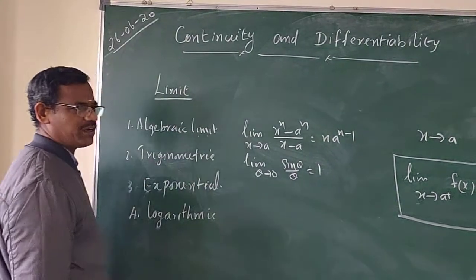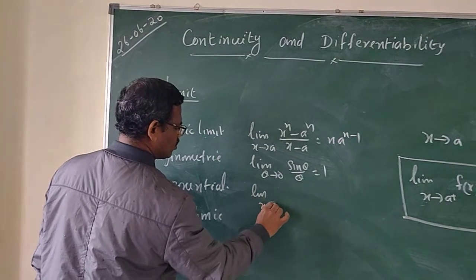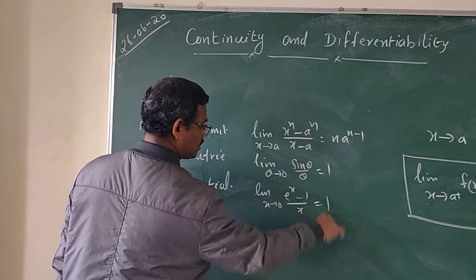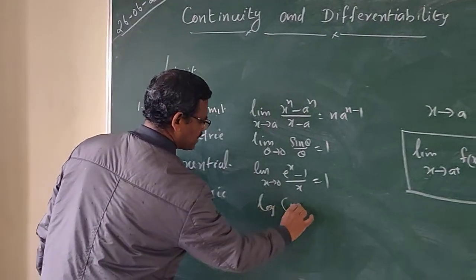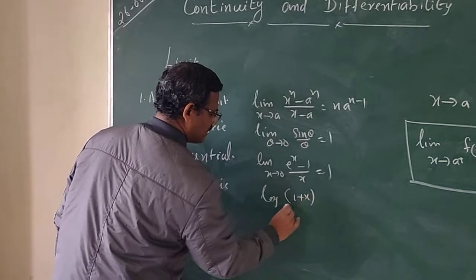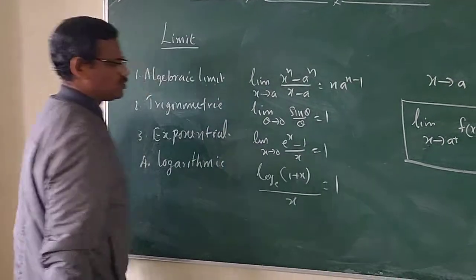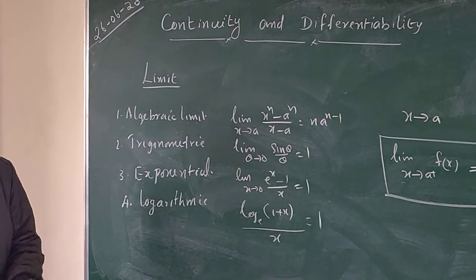That is called the trigonometric limit. And the exponential limit: x tending to 0, e raised to x minus 1 by x is equal to 1. And the logarithmic limit is log of 1 plus x with base e divided by x, is equal to 1. So these are the four types of limit which you have learned in class 11.